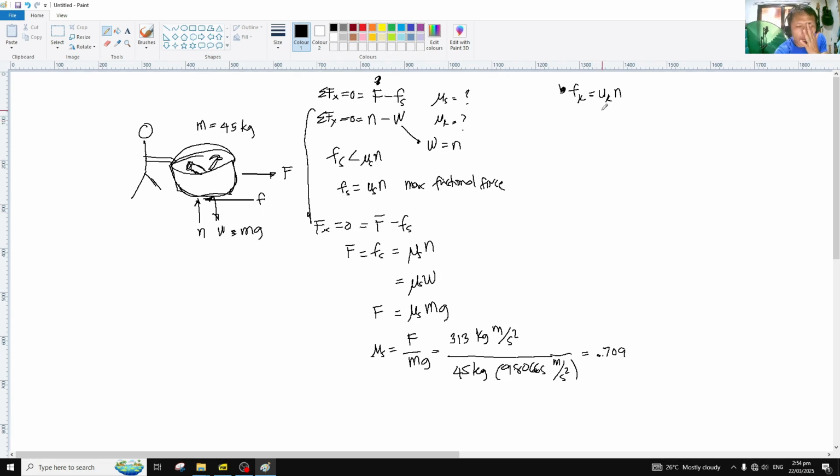Usually, the mu k is lesser than mu s, because you really have to have bigger force. Ang matanasan kita nga mas masayon, mas makuri pagduso kung diri pa na andar. Pero kung once umandar na hiya, mapapansin natin mas madali na talaga pagduso. It's because of this. Your mu k really is smaller than your mu s. So you have already an idea that mu k should be smaller than this.